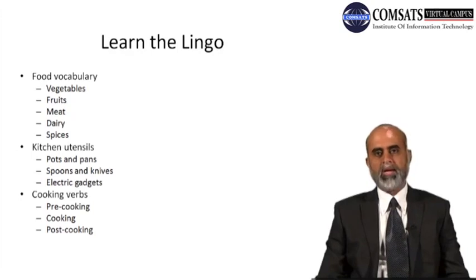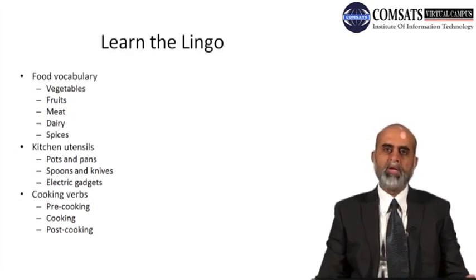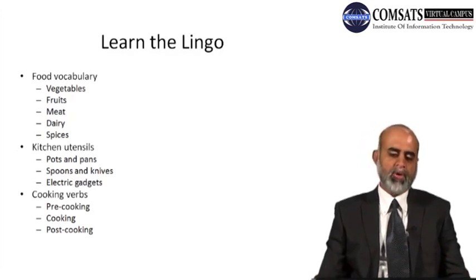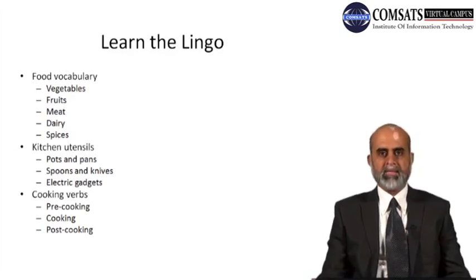Then you have the cooking verbs. Basically, cooking verbs include all the action verbs that are used before cooking, during cooking, or after cooking. So you have some verbs like when you soak rice before you cook it, so there is pre-cooking vocabulary.